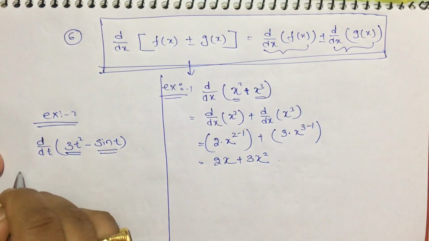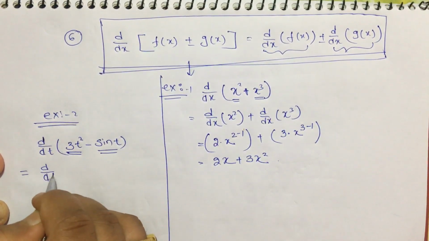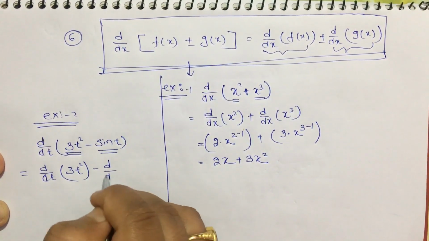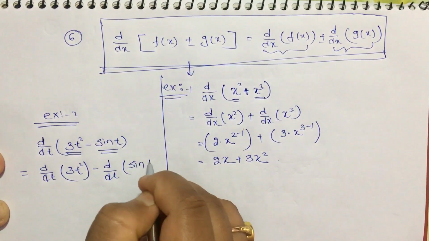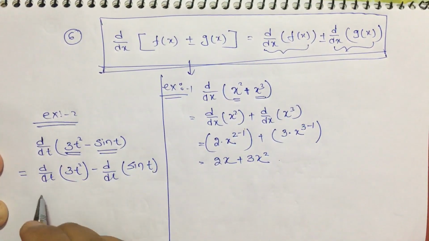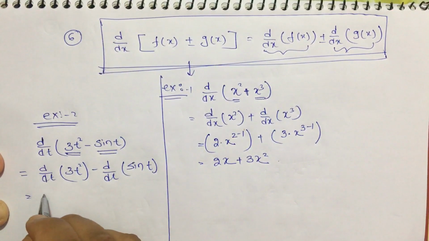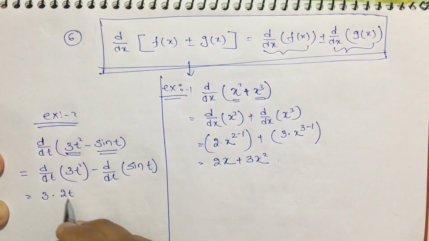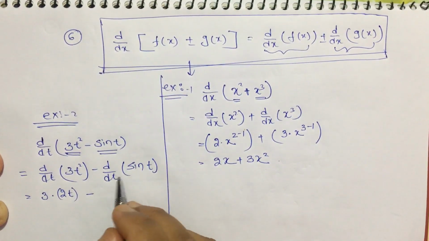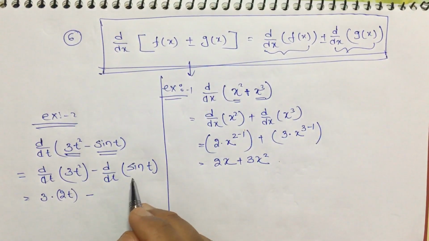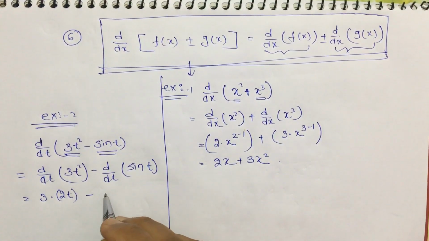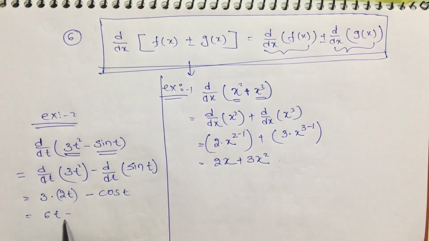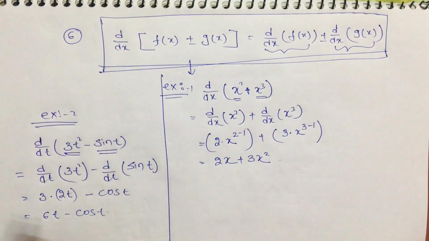So, I can write it like d by dt of 3 t square minus d by dt of sin t. Here 3 is a constant, you can take it out, d by dt of t square, use the x to the power n formula, you will find it is 2t, minus d by dt of sin t. D by dx of sin x is cos x, as I have told in the last formula. So, it will be equal to cos t. So, the answer is going to be 6t minus cos t.